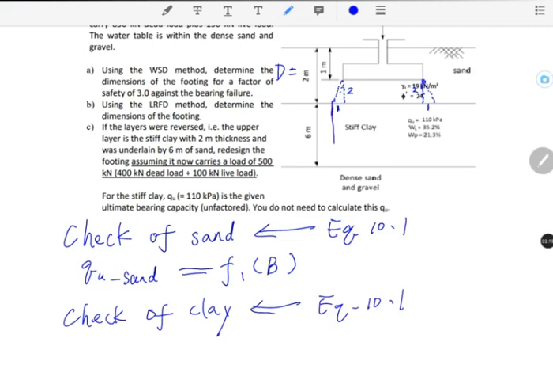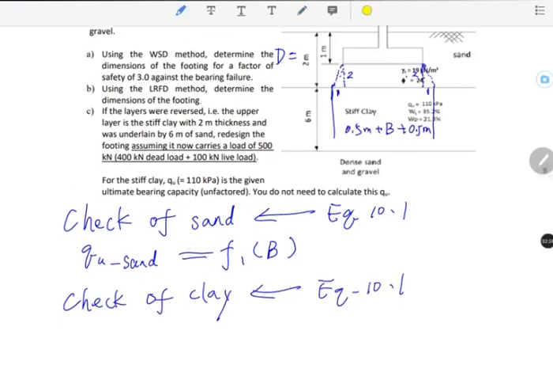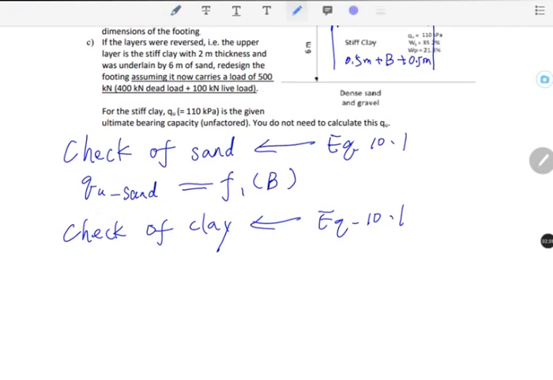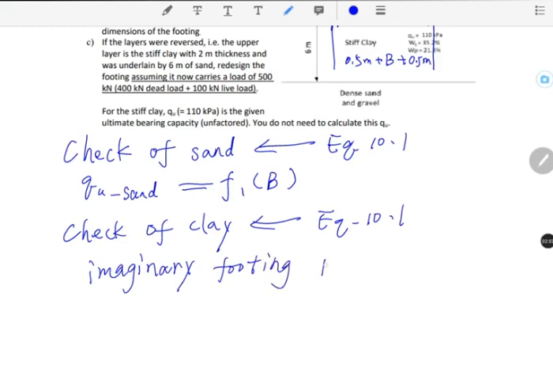Then the contact area between the footing and the stiff clay is B plus 0.5 meters plus 0.5 meters. Then we can use a concept of imaginary footing of B plus 1 meters by B plus 1 meters.